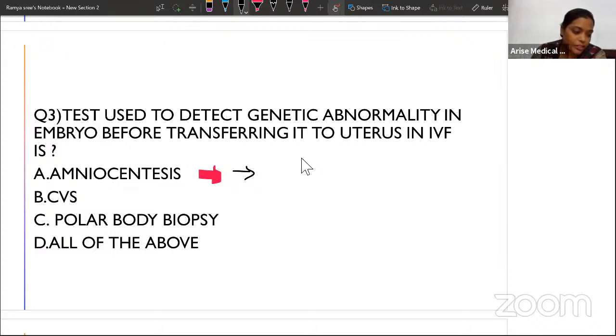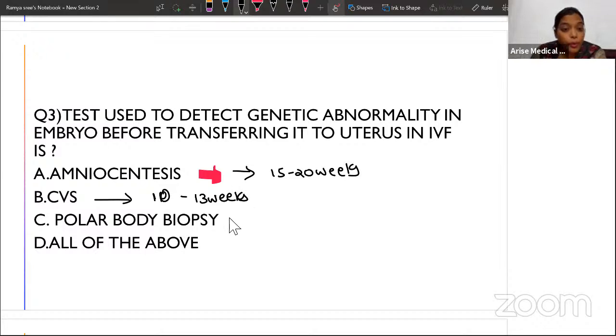Amniocentesis is done around 15 to 20 weeks, whereas chorionic villus sampling is done between 10 to 13 weeks. Polar body biopsy is done on the embryo before transferring it to the uterus.